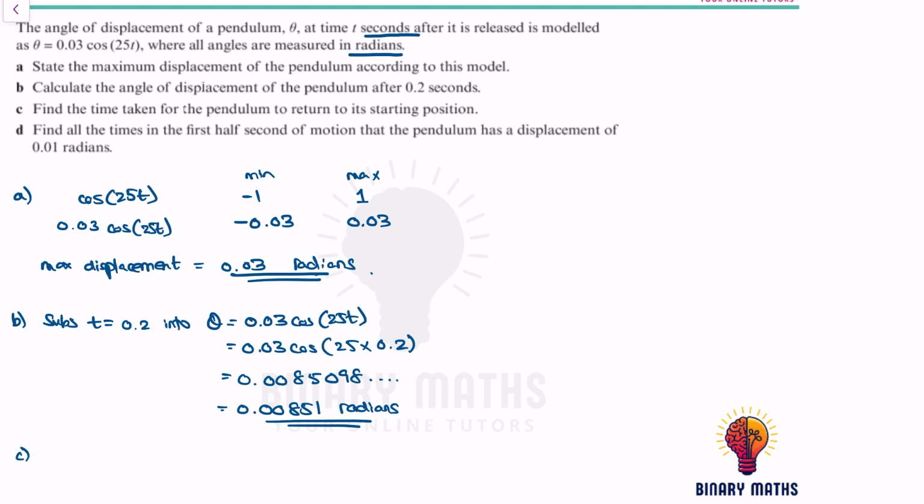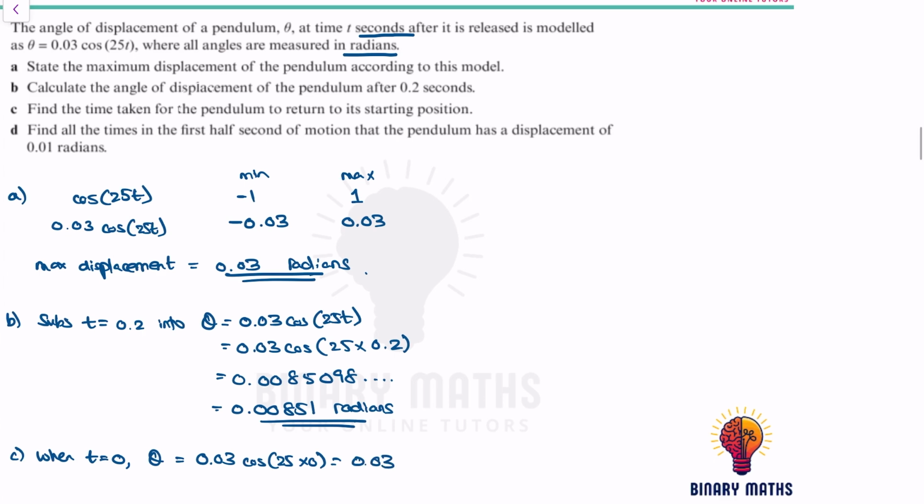C. Find the time taken for the pendulum to return to its starting position. So for the starting position, we need to know what value theta takes when t is equal to 0. When t is equal to 0, theta is equal to 0.03 cos of 25 times 0, which gives a value of 0.03.